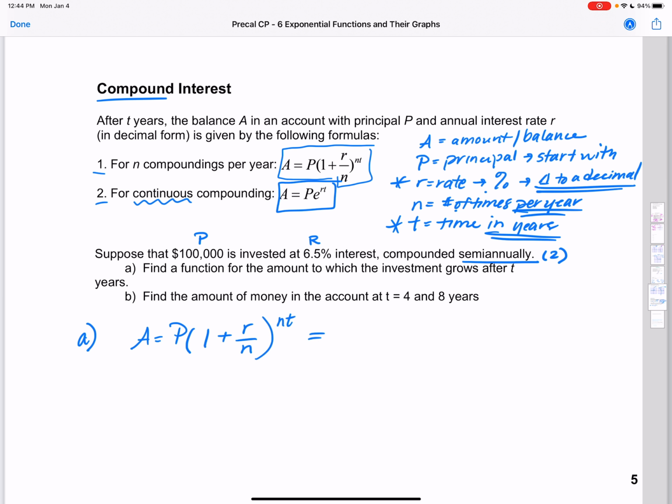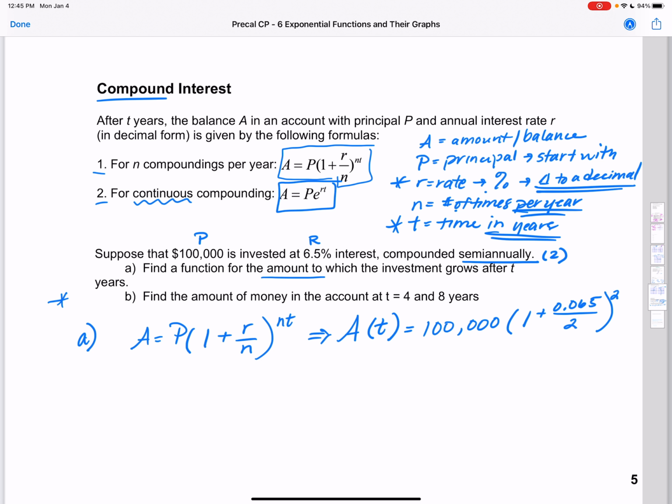So the amount after t years is going to equal my principal, 100,000, times 1 plus my rate. Now, what do I have to do with my rate? Yep, I have to change my rate to a decimal. So that would be 0.065 over my n, which is the number of times per year it's compounded, so 2, raised to the power of 2, same number, and then t.